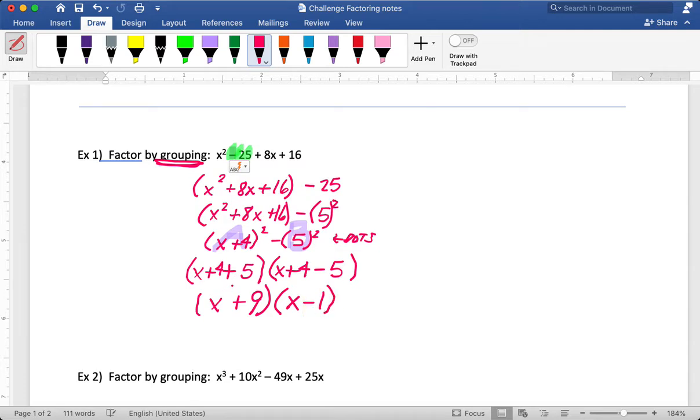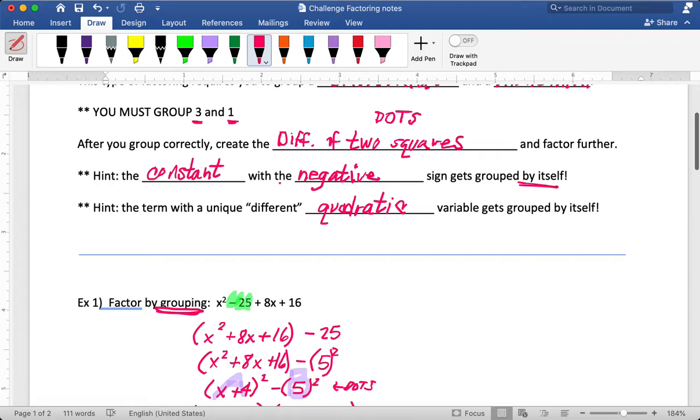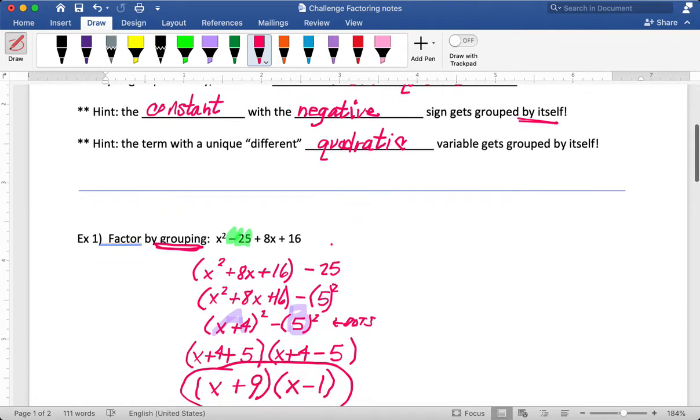Now I'm finished. This is fully factored, and I did it by grouping. So again, what was the hint? The hint was to take the constant term that was negative and group that by itself.